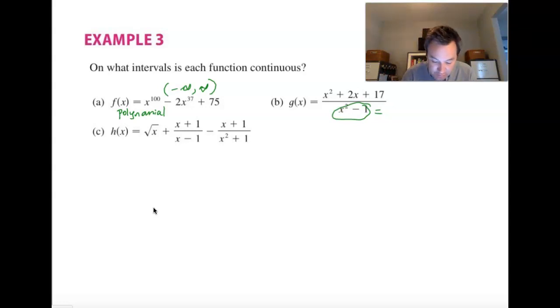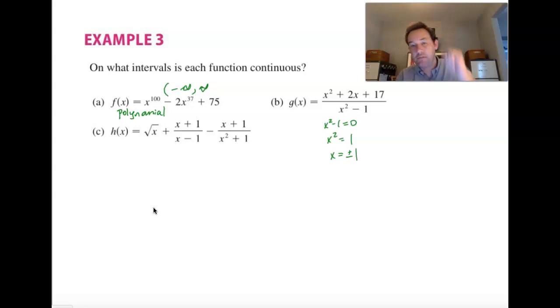So in this case, I want to go x squared minus 1 equals 0, x squared equals 1, take the square root, x equals positive or negative 1. Those numbers we need to kick out of the domain, and this function will be continuous everywhere else. So I'll give you a little notation.